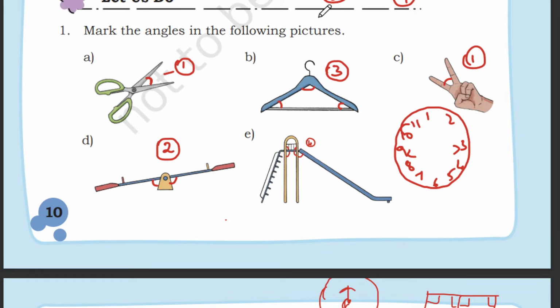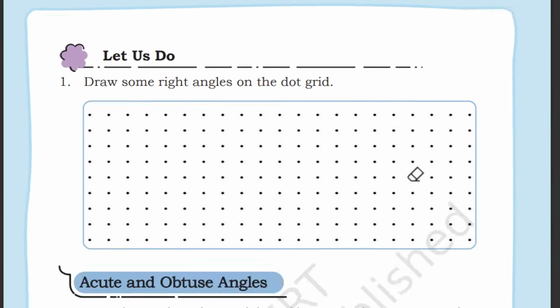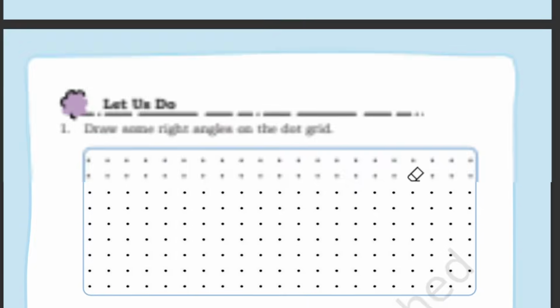Where else can we see? Here? No. So we can see it at 3 o'clock and we can see it at 9 o'clock. Okay.